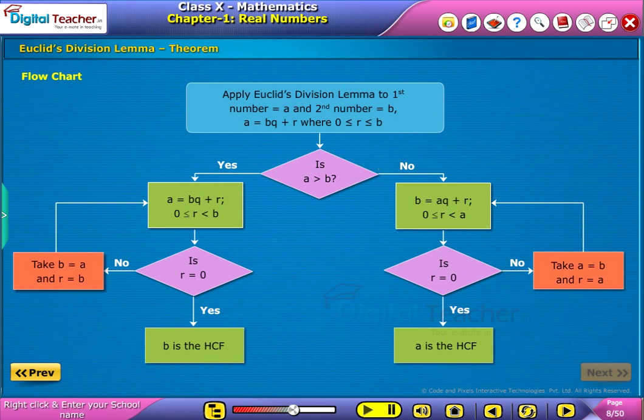Let the first number be A and the second number be B. If A is greater than B, then according to Euclid's division lemma, A is equal to BQ plus R, where Q and R are integers and 0 is less than or equal to R, which is less than B. Suppose A is equal to BQ plus R. If R is equal to 0, then B is the HCF of the positive numbers A and B. If R is not equal to 0, we apply the division lemma to B and R and continue the process.